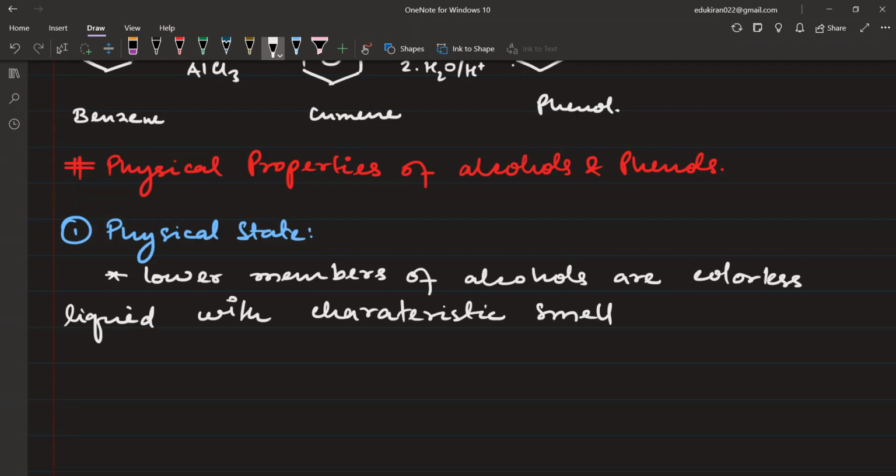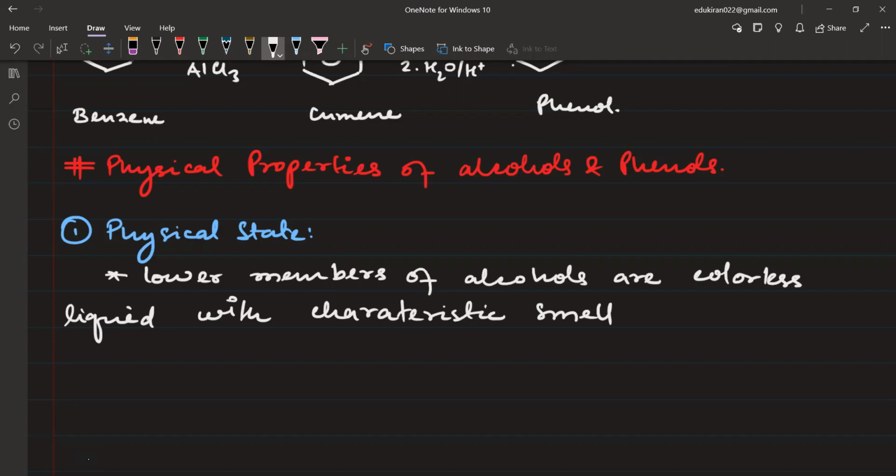That means if you have a small number of carbon atoms, they will have some type of smell. As you know, ethanol, generally used for drinking, also has some smell. And if you smell the sanitizer, it has some amount of methanol. Now that methanol makes that sanitizer bad for drinking. If you drink that sanitizer, you will die.